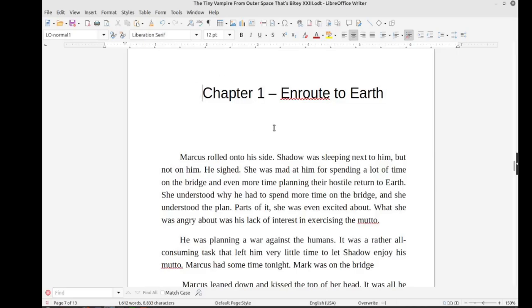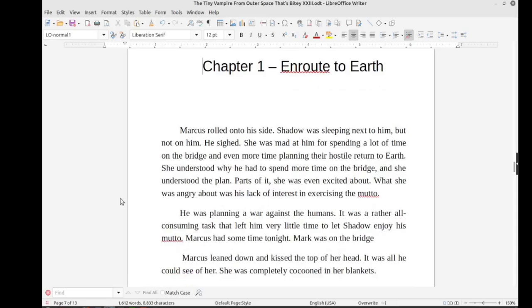Chapter 1, En route to Earth. Marcus rolled onto his side. Shadow was sleeping next to him, but not on him. He sighed. She was mad at him for spending a lot of time on the bridge, and even more time planning their hostile return to Earth. She understood why he had to spend more time on the bridge, and she understood the plan.